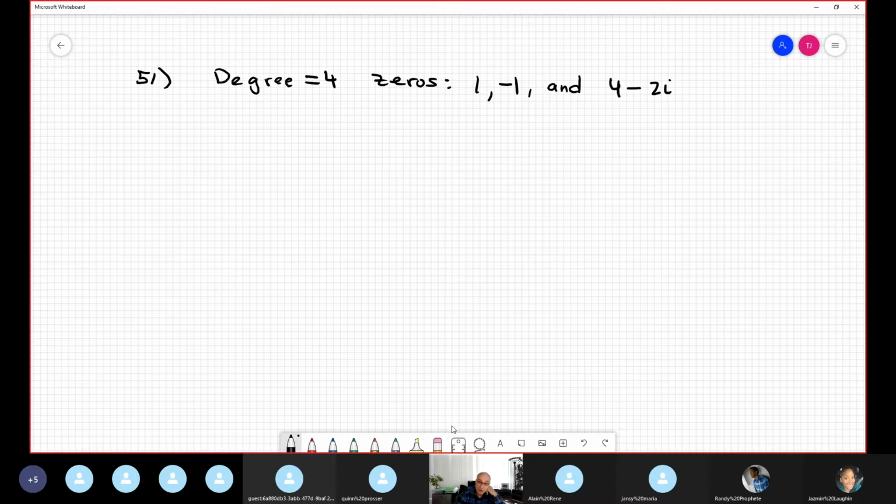Then immediately we infer that the fourth zero is 4 plus 2i. In total we have 4, which corresponds exactly with the degree of the polynomial, no?